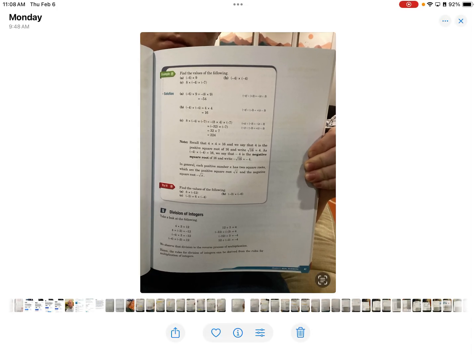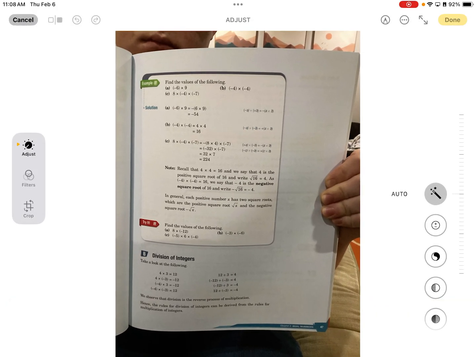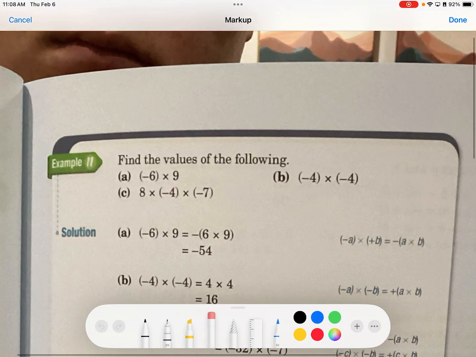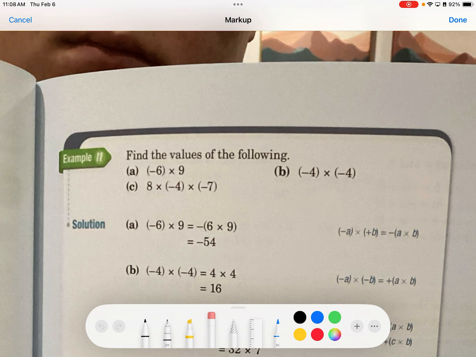All right, so let's do some of these, okay? Because it sounds a lot more complicated than we need it to be for right now. So negative 6 times 9 is going to be the same as 6 times 9 put to negative, right? So that would be negative 54.